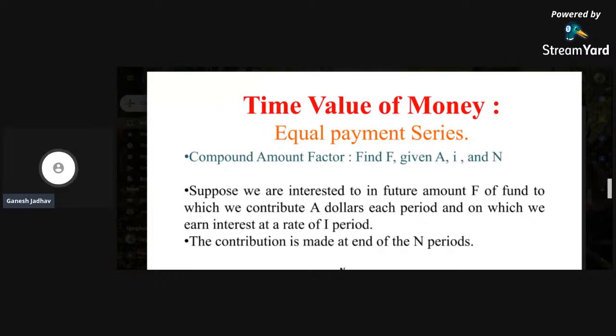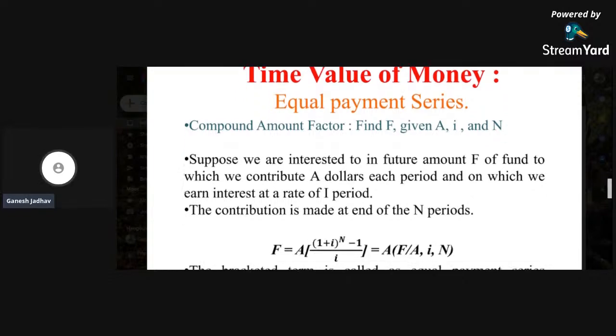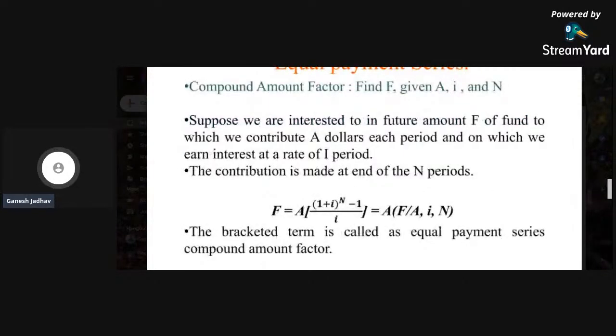Suppose we are interested in the future amount of a fund to which we contribute A dollars, that is the principal amount each period, and we earn interest at the rate of i per period. So i means the interest rate, and the number of periods is the value of n. The contribution is made at the end of each period.